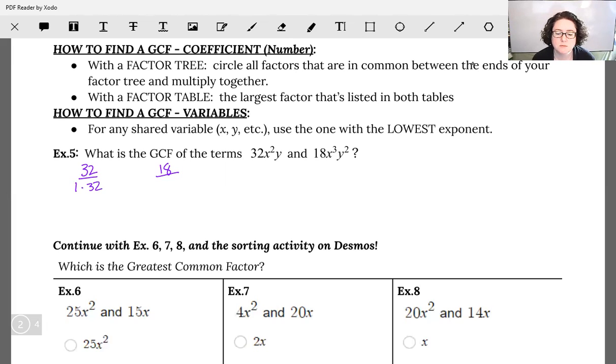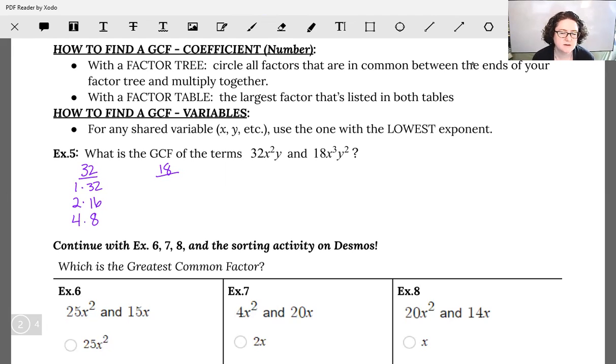What about 2? Well, 2 is a factor of 32. And what happens when you divide 32 by 2? You get 16. Okay, so 3? If you check that on your calculator, 32 divided by 3 gives us a decimal, so we don't want to consider that one. What about 4? Well, 4 times 8 gives us 32.